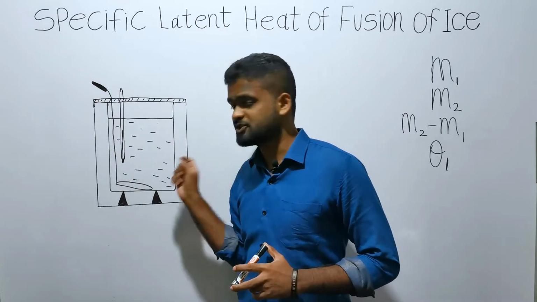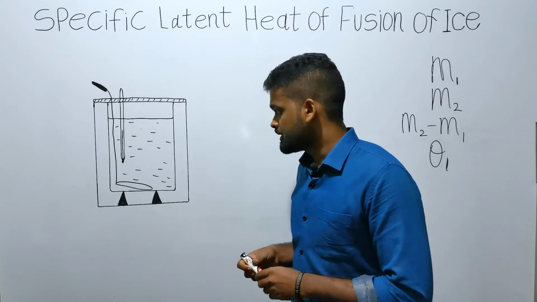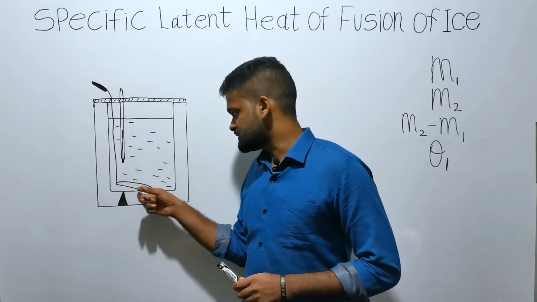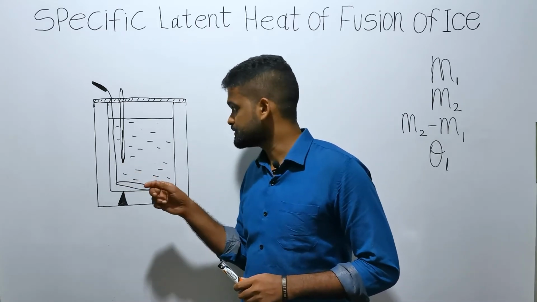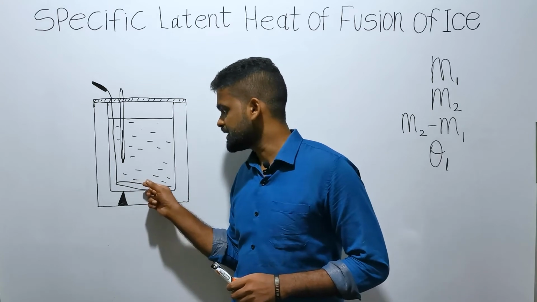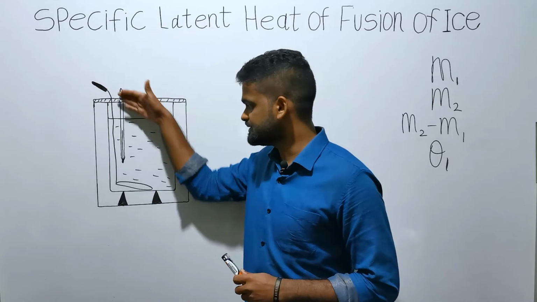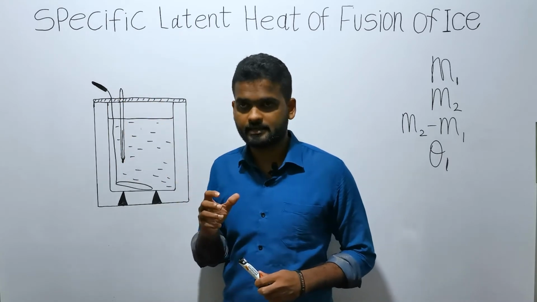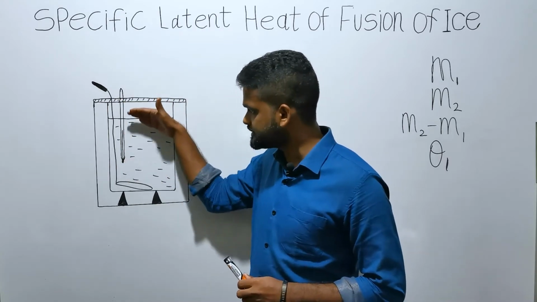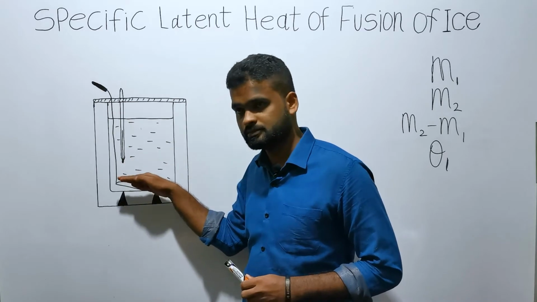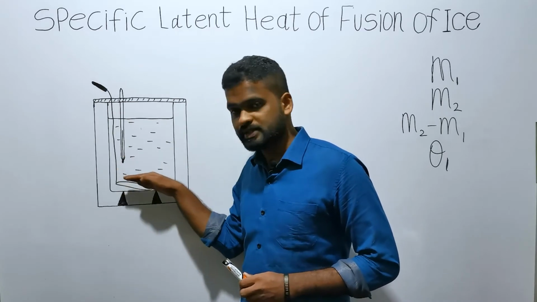This stirrer is a special one because this part contains a net, so we call it a net square stirrer. Using it, we can hold the ice chips down and do the stirring.